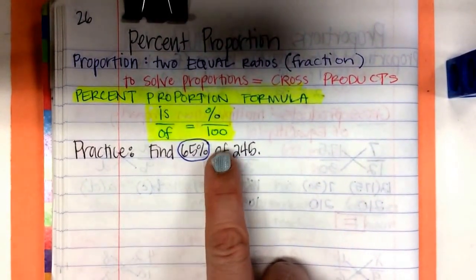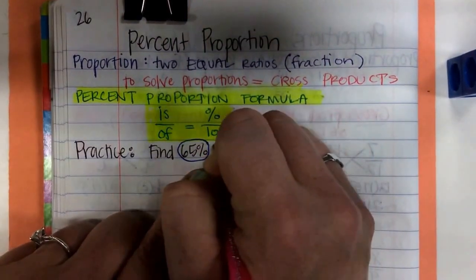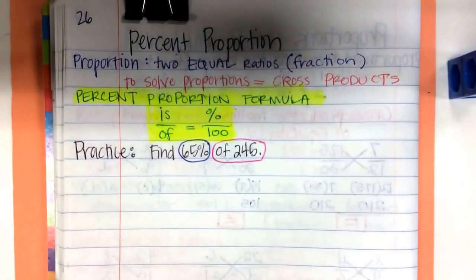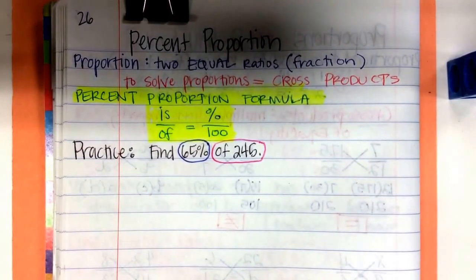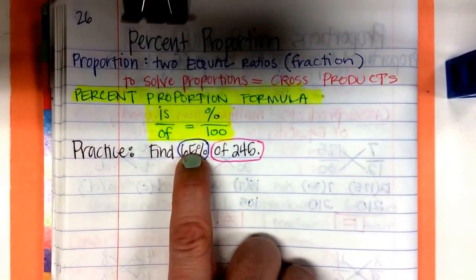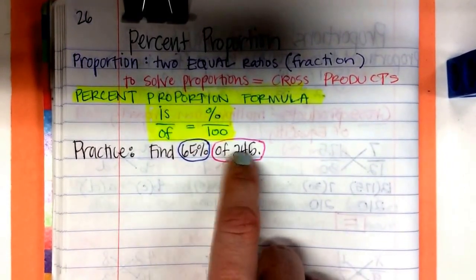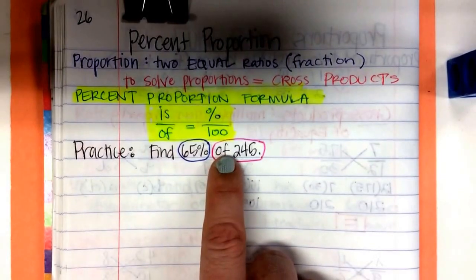The of number is 245. Find 65%, that goes in my percent spot, of 245. 245 goes in my of spot.